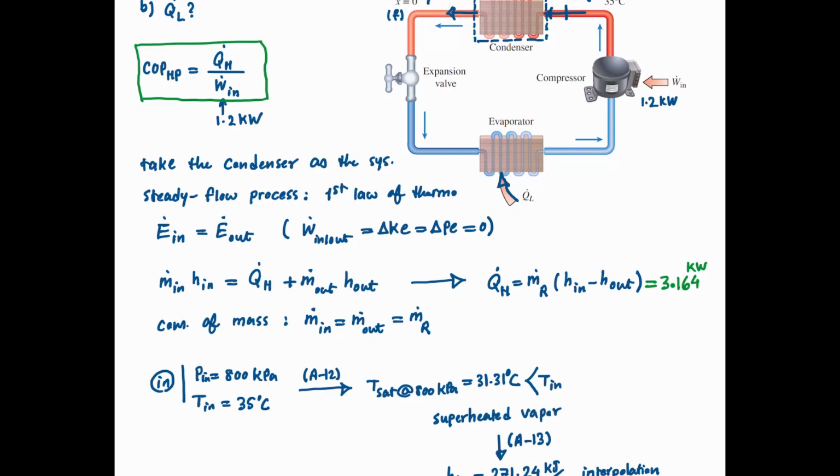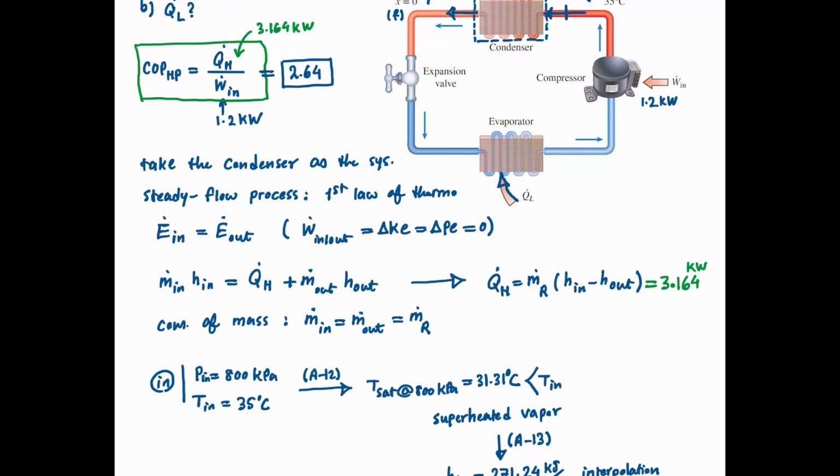Denominator is known. Now we just solved for numerator, 3.164 kilowatt. So COP of heat pump will be equal to 2.64, and we know that COP is unitless. So we just solved for COP.